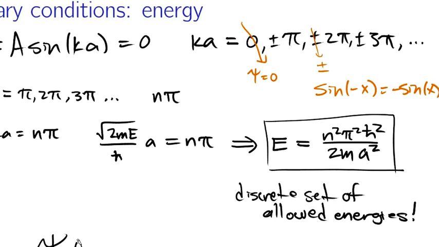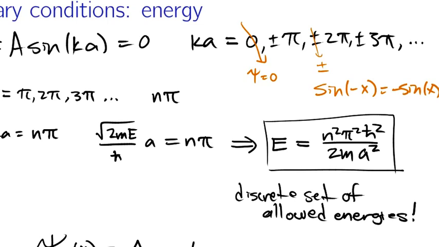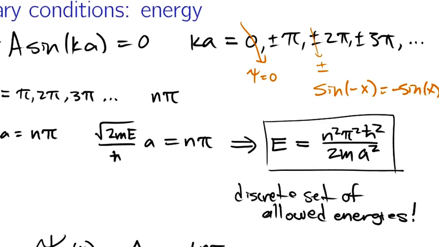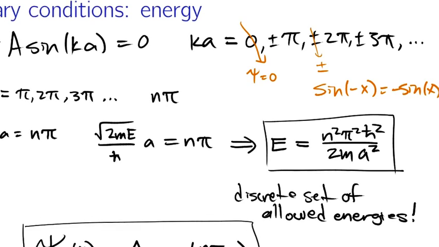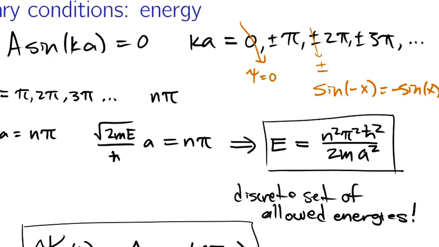We don't have just any possible value, and they're going to be big A, a normalization constant, times the sine of, and if you substitute all of this back in, ka is n pi. What we end up with is n pi over a times x inside our sine function. This is our wave function, the spatial part, our solution to the time-independent Schrödinger equation. There's only a discrete set of them, and that is the quantum in quantum mechanics.